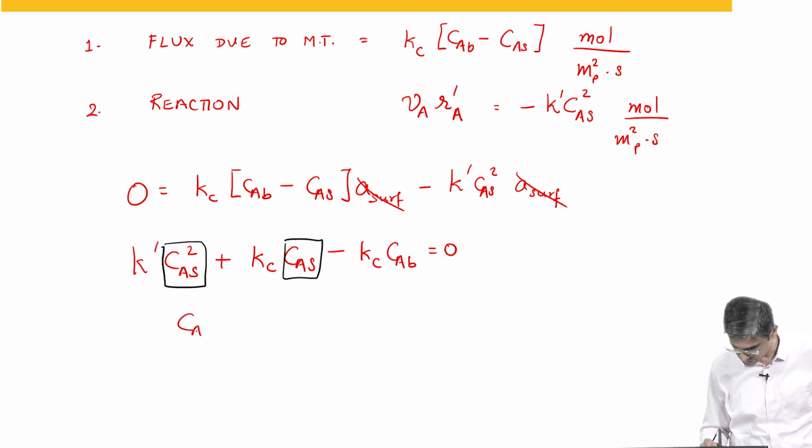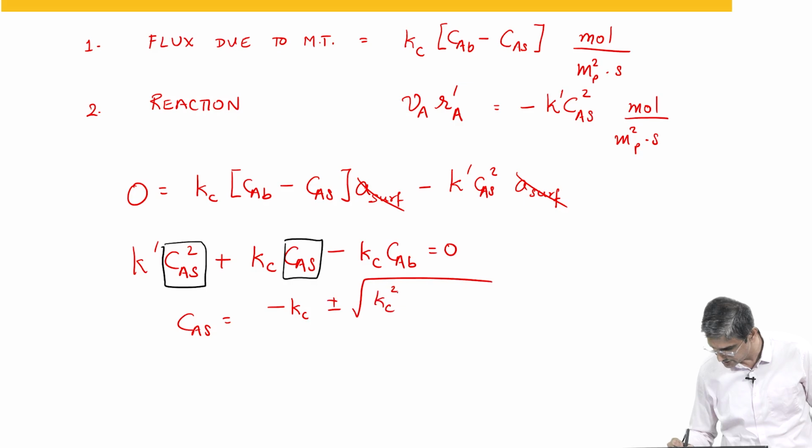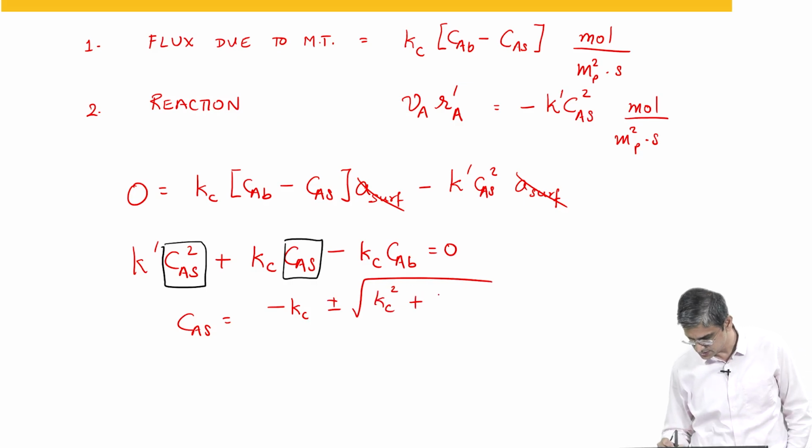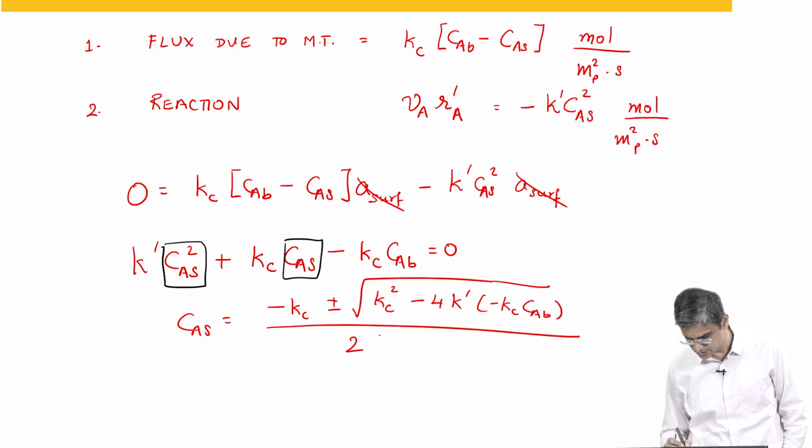So therefore, Cas equals minus B, that is minus Kc, plus or minus root of Kc squared plus or minus 4 into K dash into minus Kc into CAB, divided by 2A.